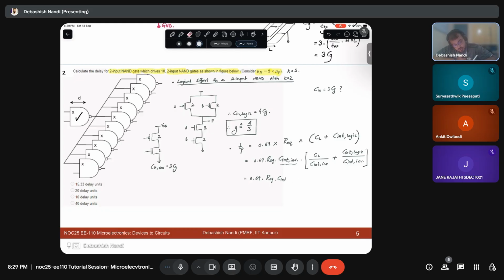C internal inverter, we'll define it something, and then we'll take, okay, let me just simplify it first.